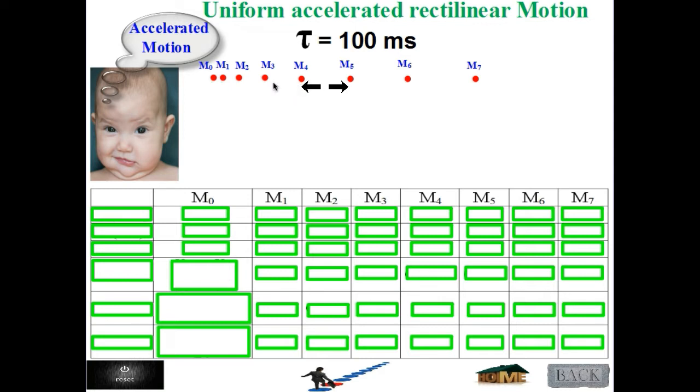We know that the displacement between the traces is increasing, since the distances are increasing, and we are covering more distance in the same time because the velocity is increasing.